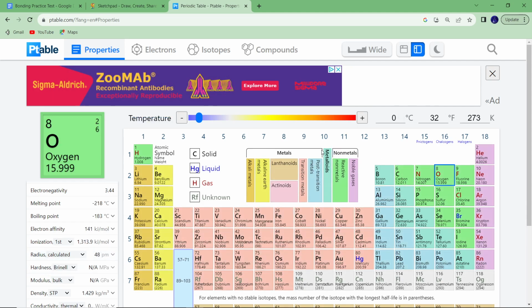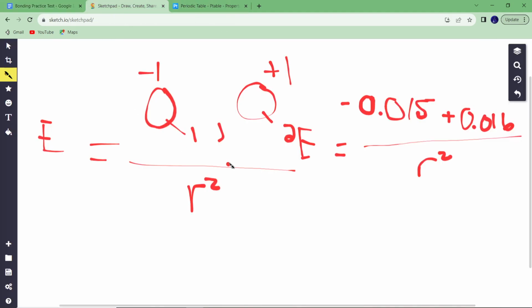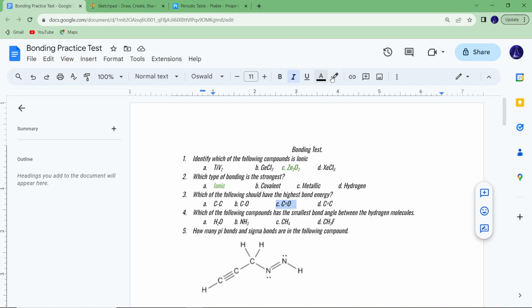Therefore, the difference between carbon and oxygen, their sizes, is going to be enough to help us figure out that this one should have the highest bond energy because it's going to have a smaller radius. And remember, our energy is divided by radius, so we're going to have a smaller divisor. Therefore, we're going to have a higher amount of energy. So that's why this one here is going to be the answer, the C double bonded to O.